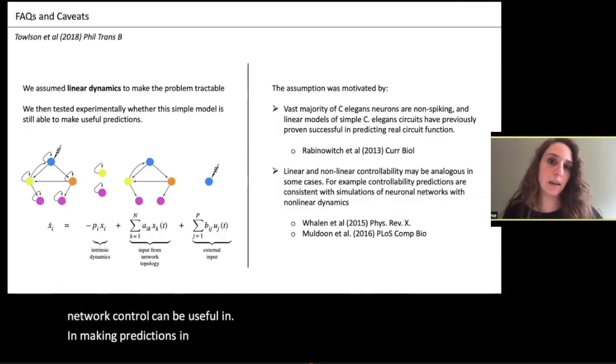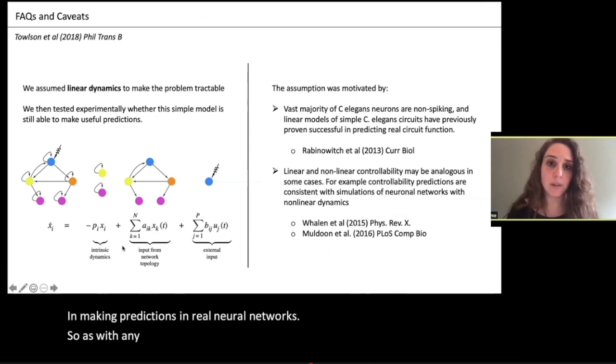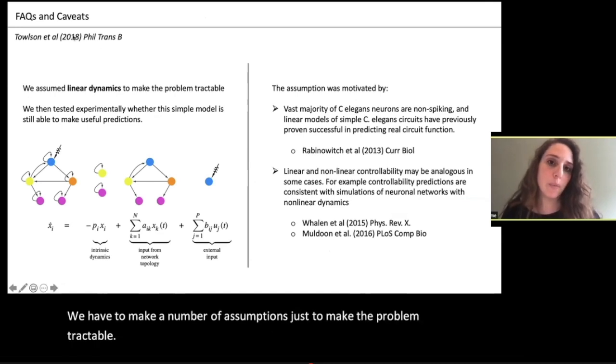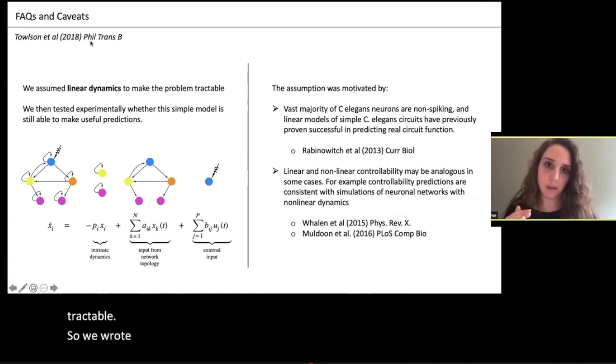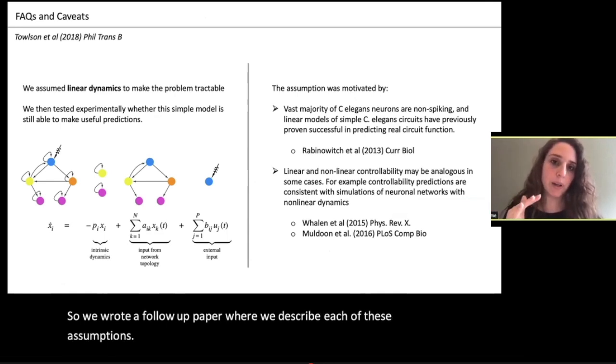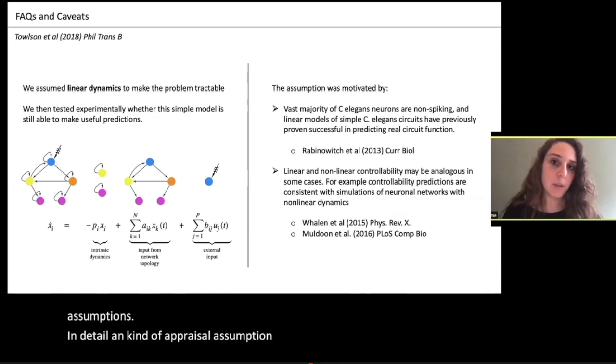So as with any theoretical work or modeling work, we had to make a number of assumptions just to make the problem tractable. So we wrote a follow-up paper where we describe each of these assumptions in detail and appraise the assumption itself and sometimes explore what happens if we deviate from the assumption.